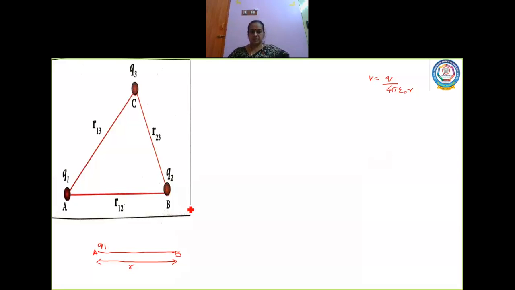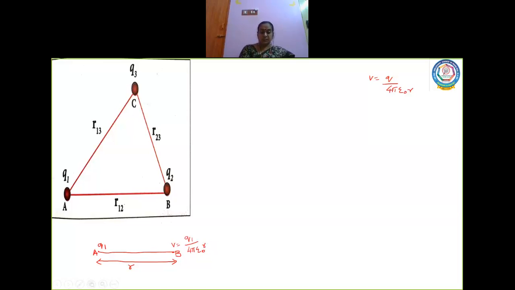Now at B, there will be a potential due to this Q1, yes or no? So what is the potential at B due to the charge Q1? It is V is equal to Q1 by 4 pi epsilon naught, and the distance between A and B is R, correct?